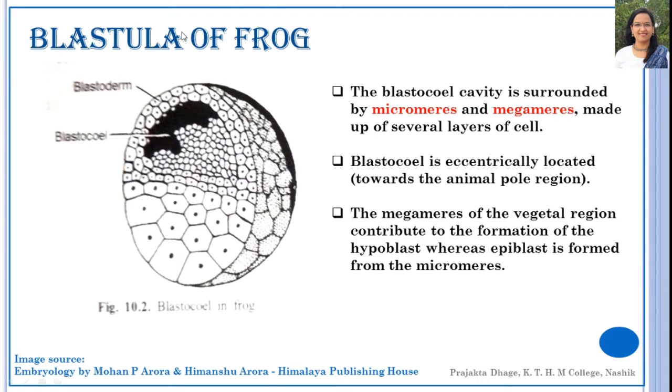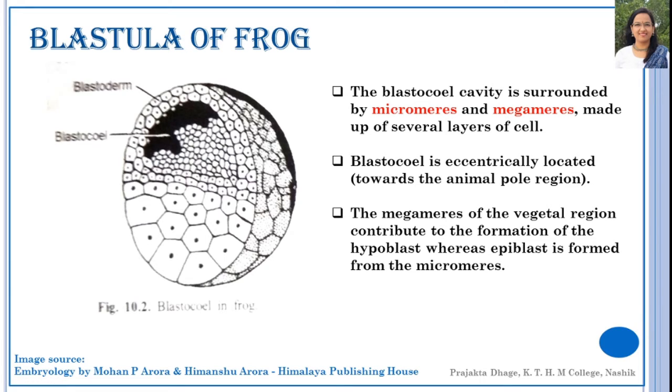Because the size of the megameres, the cells present at the vegetal pole region, is larger, this blastocele is pushed towards the animal pole region. As it is not centrally located, this blastocele is referred to as an eccentrically located blastocele.